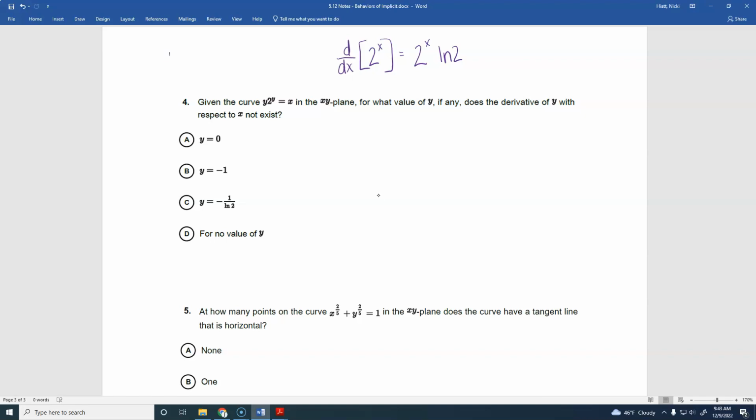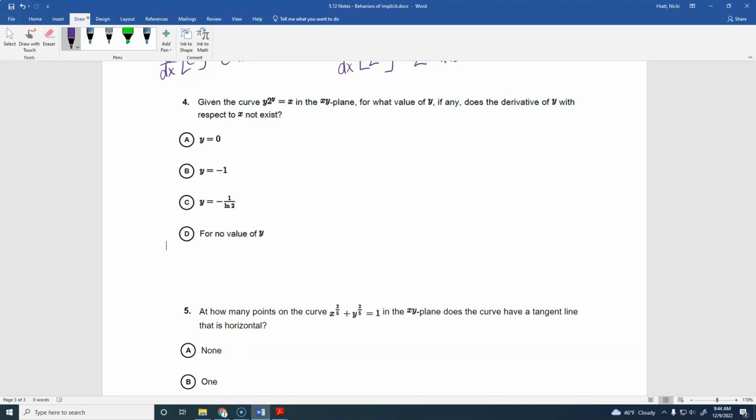It's actually the same rule as for e to the x: e to the x natural log of e, natural log of e is 1, those cancel each other out, and you just get e to the x. So you could apply that same rule here. We just usually don't, because there's a simpler rule.